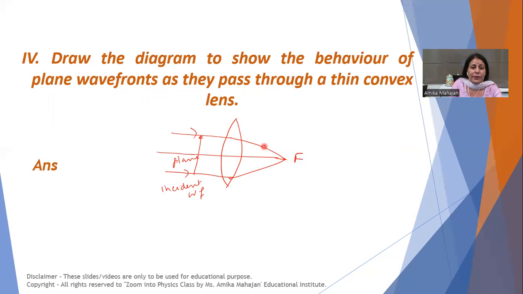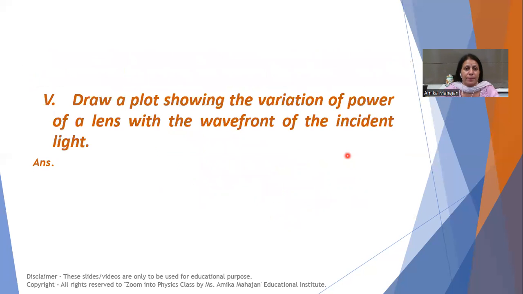So when I draw the wavefront, it will be spherical. That means refracted wavefront is spherical. When this plane wavefront is incident on thin convex lens, we get refracted wavefront as spherical in shape.